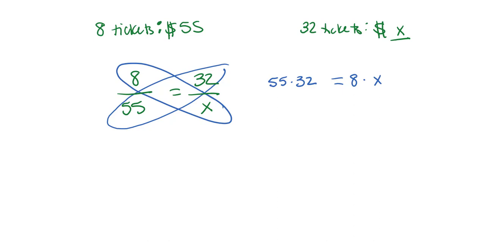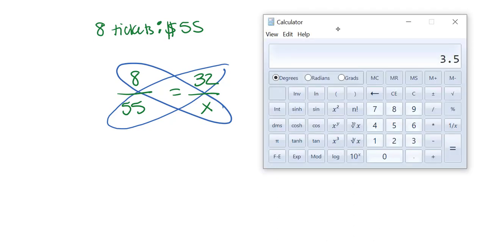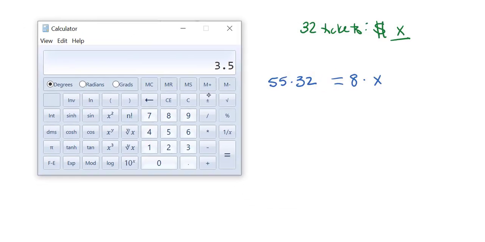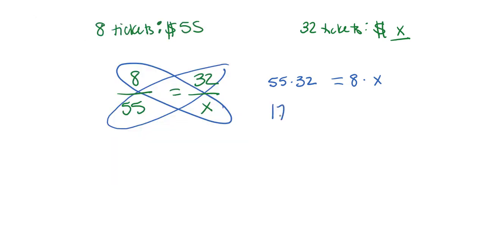So let's bring out the calculator. $55 times 32 is equal to 1,760, which is equal to 8x. So in order to solve for x, we have 8 times the number is equal to 1,760.